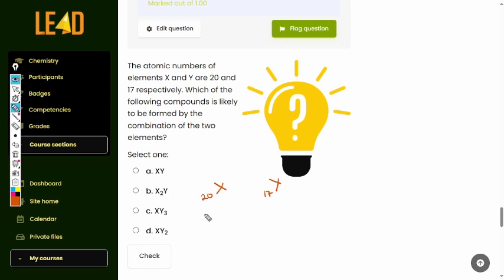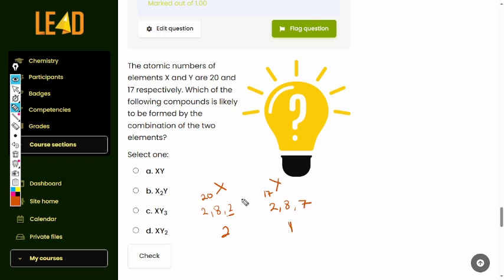So 20 is 2, 8 and 2. It's going to lose these 2 electrons, so you have a combining power of 2. 17 is 2, 8, and 7. So it has 7 electrons outside. It will accept 1. So the combining power is 1.